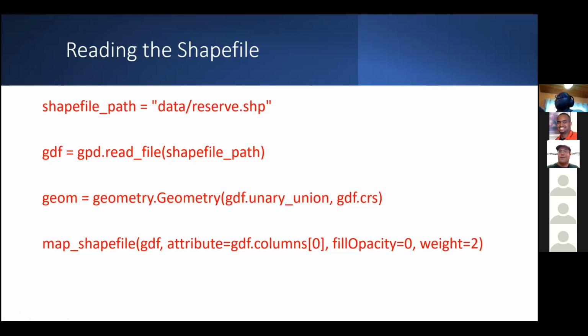After doing that, the next thing is to read the shapefile into a variable called GDF. This is what we term a variable. Remember that I told you that GeoPandas will help us to read the shapefile.